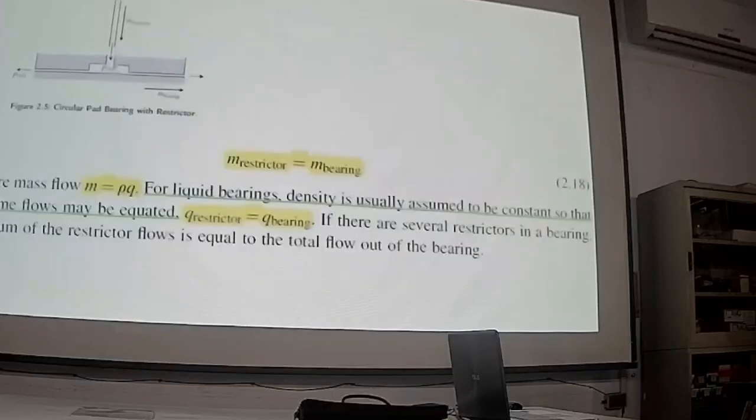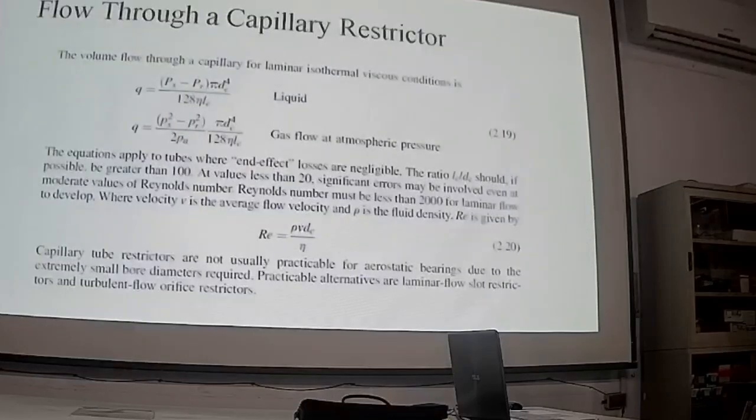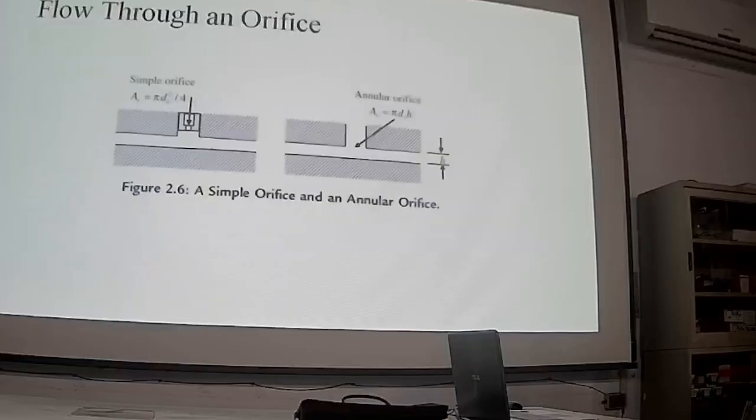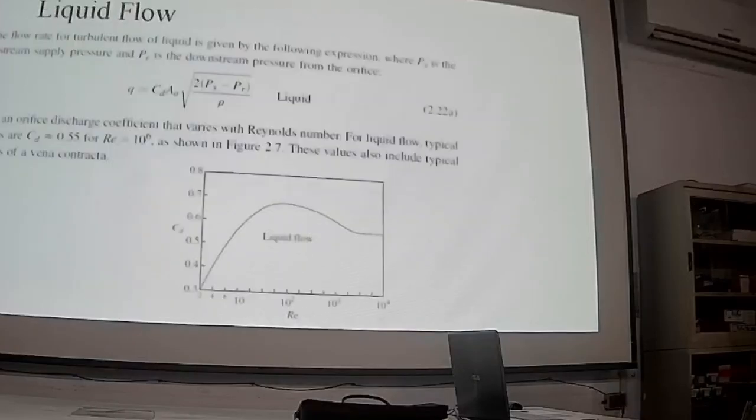Okay. So first we give you the capillary restrictor. Q is liquid gas. We give you the volume flow rate in liquid for the slug restrictor. We give you this volume flow rate for the liquid orifice restrictor.